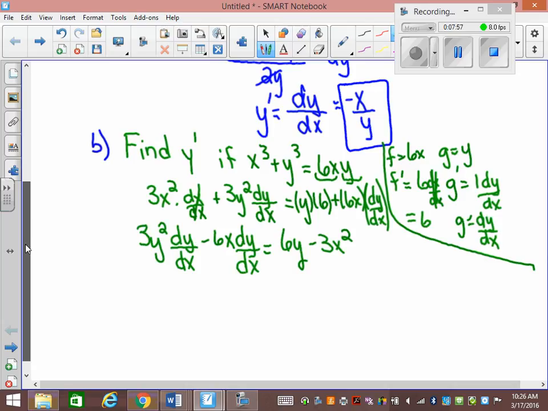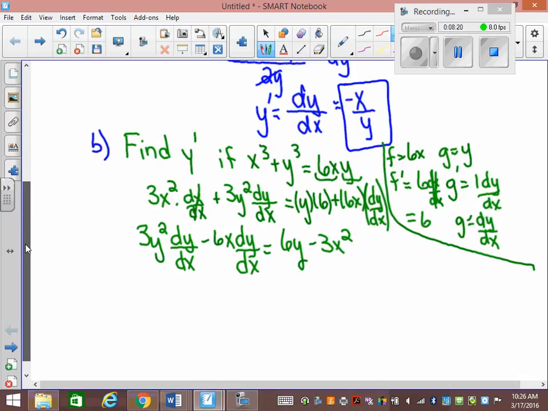Why would I do that? Why do I get all the dy dx terms to one side and everything else to the other? What could I do now? I know you guys know the answer. What could I take out of the two terms?